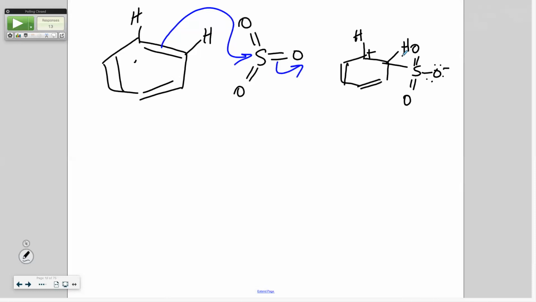Okay, so since we've been doing this one, we'll do this one first. So here's my base. You could also use HSO4 minus, but this is probably more likely. It's going to pull off the H, and these electrons are going to go there. And what do I have now?